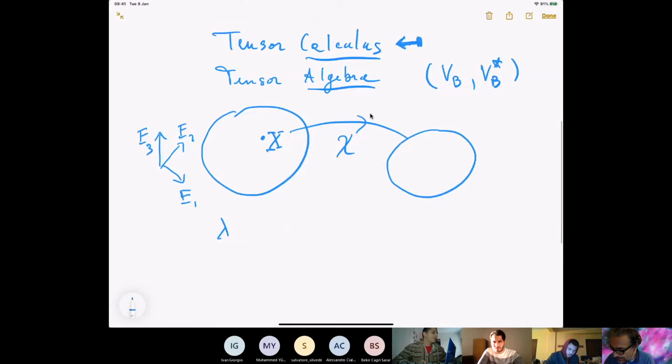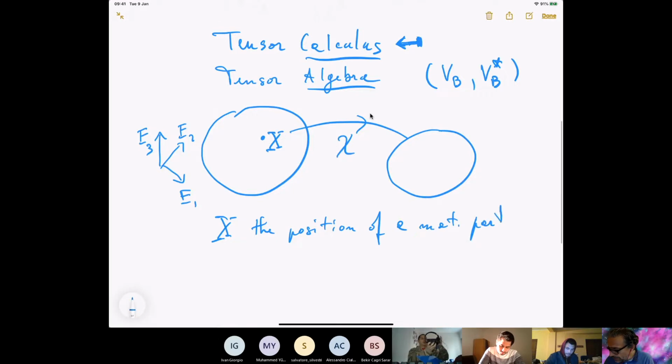So capital X is the position of a material particle in the reference configuration.